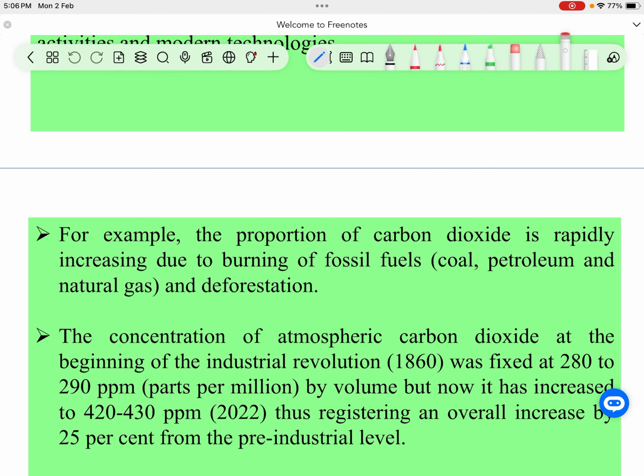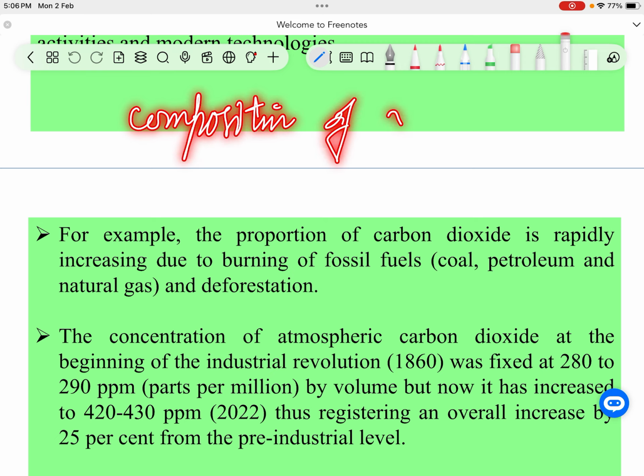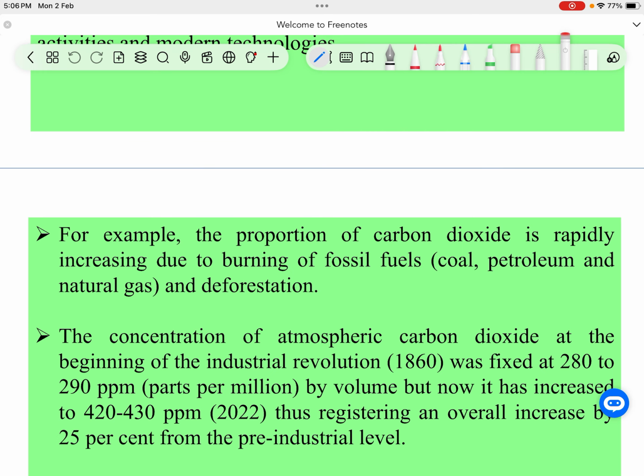Now the composition of atmosphere: on the basis of the chemical composition, the atmosphere is divided into two layers.